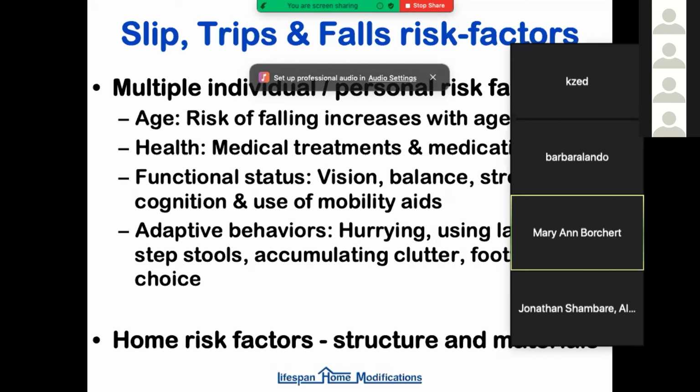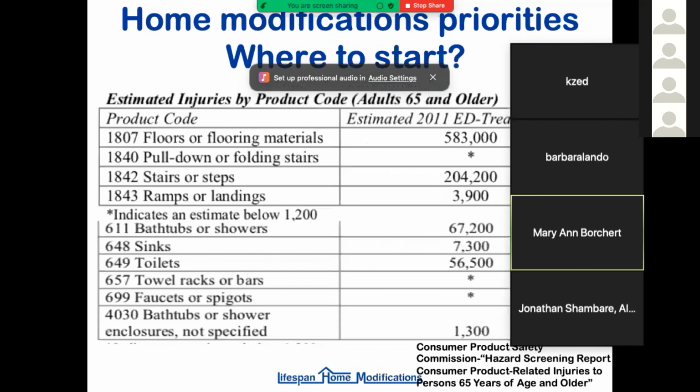Age, of course, is one. Health is another, your functional status. And then a really overlooked one, I think, is our adaptive behaviors. We get used to hurrying and using step stools and clutter and footwear. So I'm going to let somebody else take those in your week, but we're going to focus on the home risk factors and the structure and materials around the home.